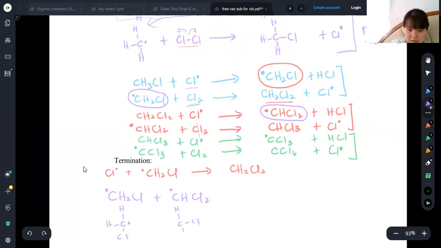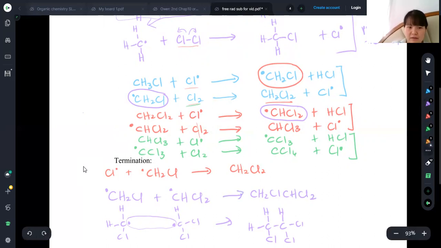H, Cl, and Cl, and a dot. So these 2 dots are going to form one bond. So I'm going to get a CC bond here. On the right side, there's 2 Cl's, and on the left side, there is 1 Cl. So I can write it as CH2Cl-CHCl2. So any of these, they can react with each other and form a product.